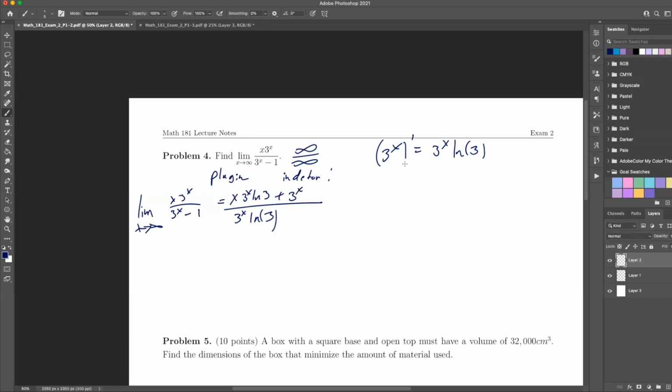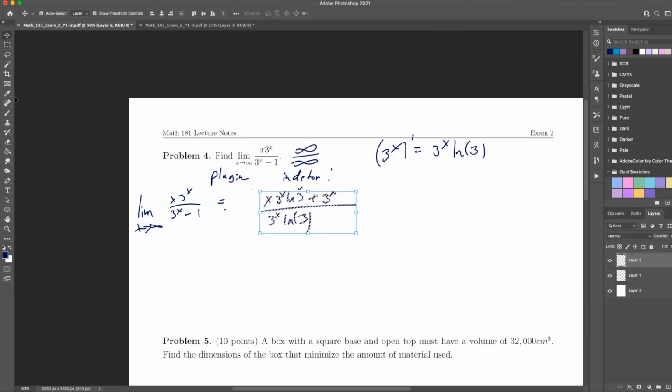Plus the 1. Oops, I forgot my limit, didn't I? The limit as x approaches infinity.